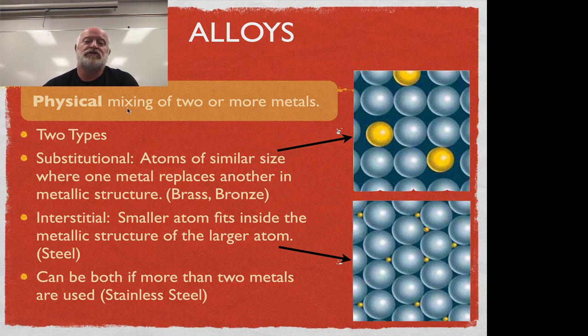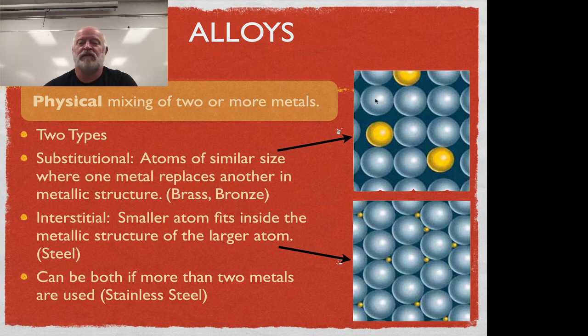And within that, there are actually two ways you can form alloys. Okay, if the atoms of one metal are similar in size to the atoms of another metal, and we have a good idea of how size works now according to our periodic tables, then one metal will actually replace the other one in its structure.